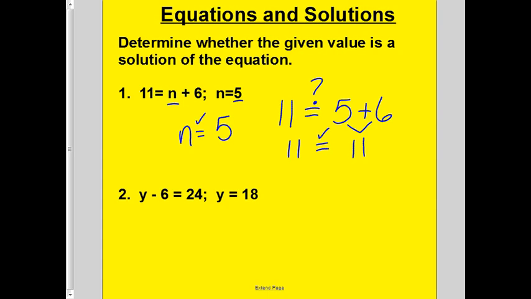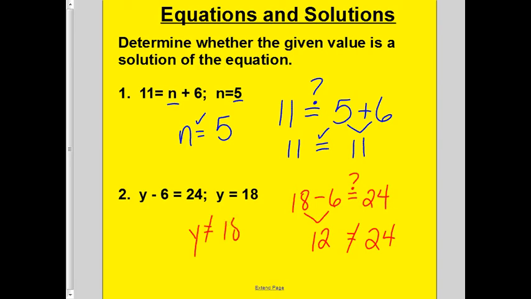For number 2, y minus 6 equals 24, and I want to know if y equals 18. Let's try it. 18 minus 6, does it equal 24? 18 minus 6 is 12, and 12 sure doesn't equal 24. Therefore, y does not equal 18.